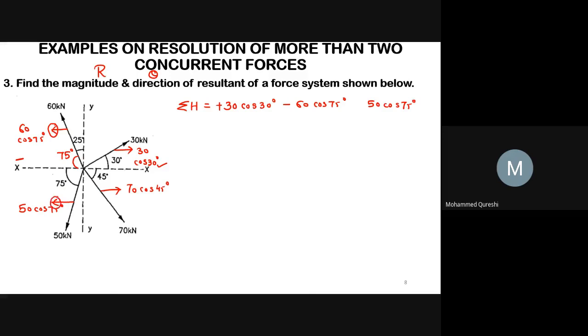It is in the third quadrant, and in the third quadrant your horizontal force is negative, so minus 50 cos 75. And lastly 70 cos 45 degree, in the fourth quadrant it will be positive, so plus. After solving the above equation, you will get sigma h as 37.19 kilonewton.